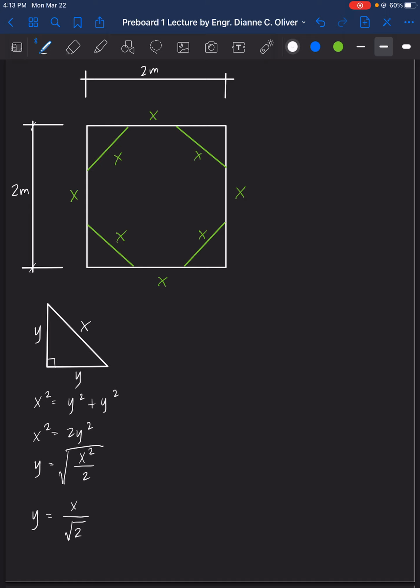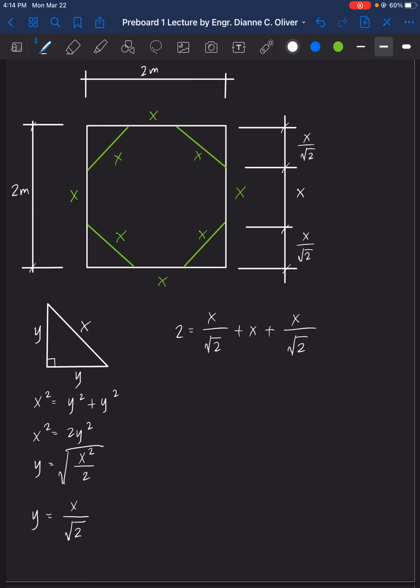What happens here is that this is x over square root of 2, x, and then x over square root of 2. Therefore, 2 meters is equal to x over square root of 2 plus x over square root of 2 plus x.